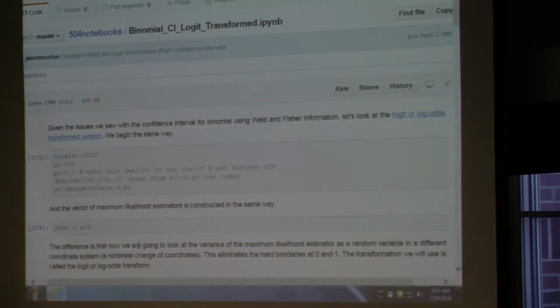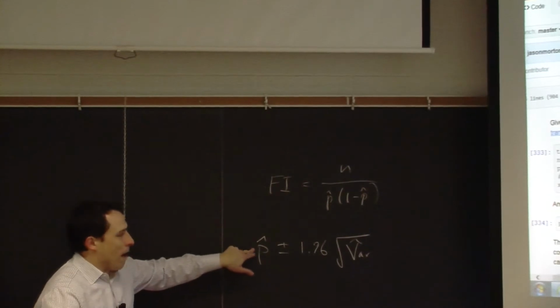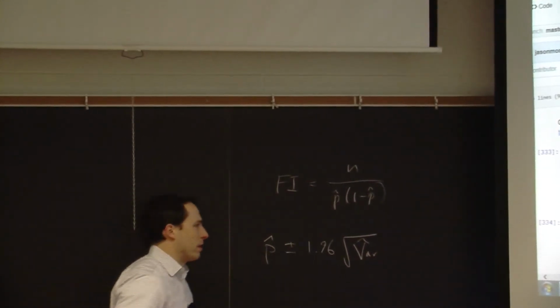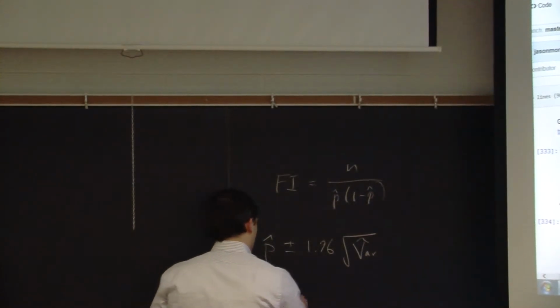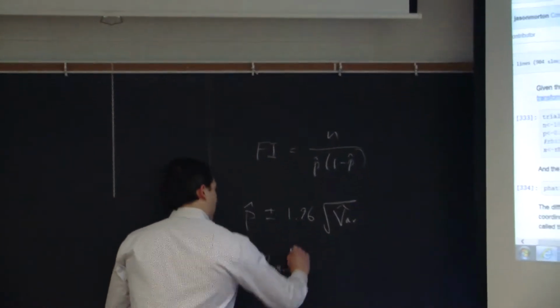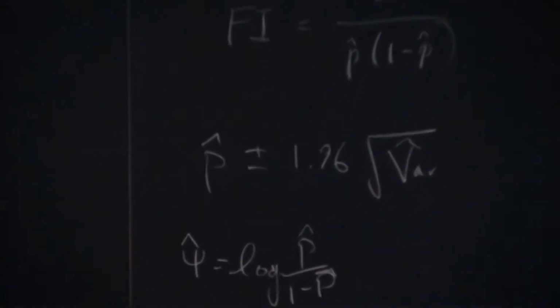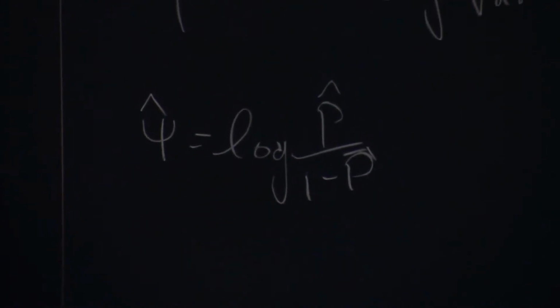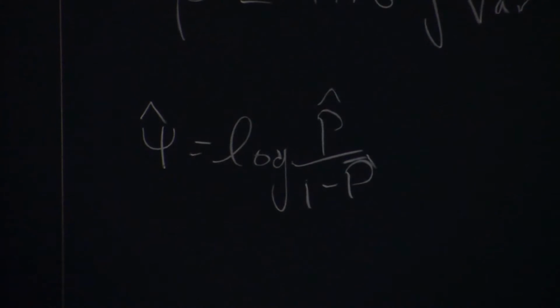Of course, p-hat is a random variable that depends on the data and on the true value p. We're going to transform this random variable into a different random variable, c-hat, which is log of p-hat over 1 minus p-hat. Just a nice smooth transformation, and the point of doing that is to improve the performance of our confidence interval in the sense of getting it closer to 95%.